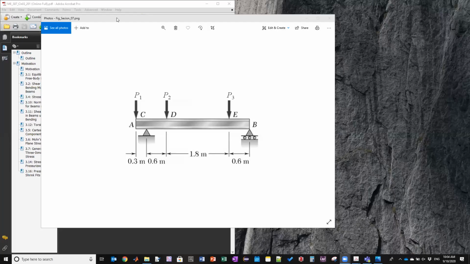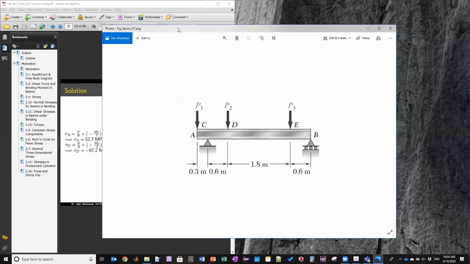Do you see my screen again? Do you see the figure, ya shabab? Yes. This is the figure for the quiz, correct?